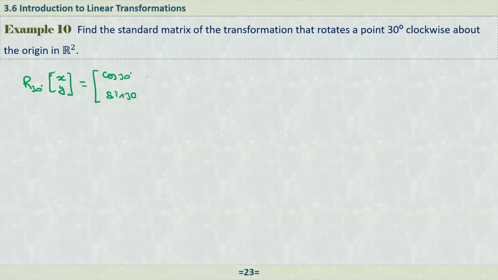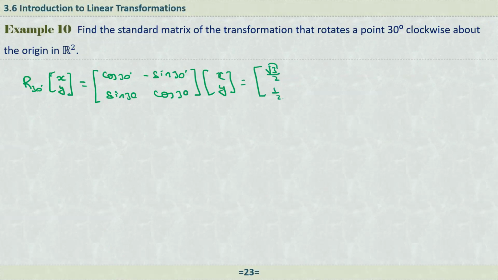We have already calculated this. Let's just do this one more time. Y minus sine of 30, and here we have cosine of 30. Which is square root of 3 over 2, 1 over 2, minus 1 over 2 and square root of 3 over 2.